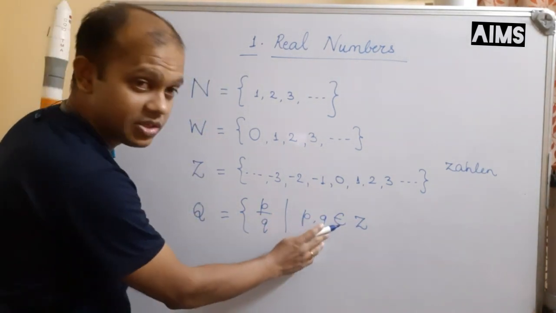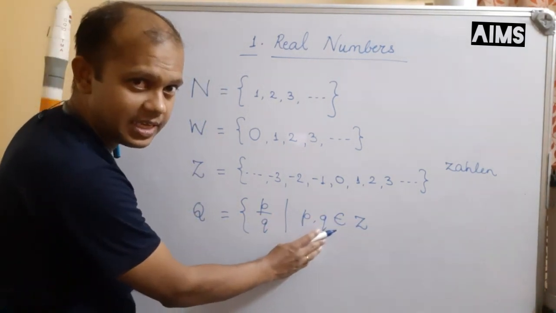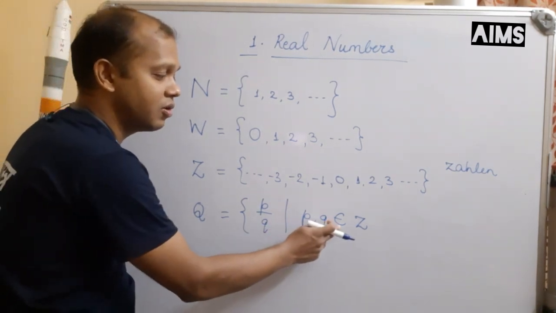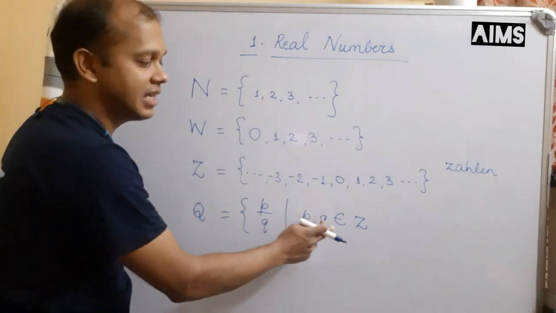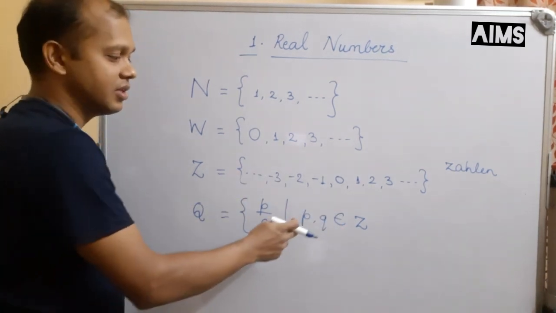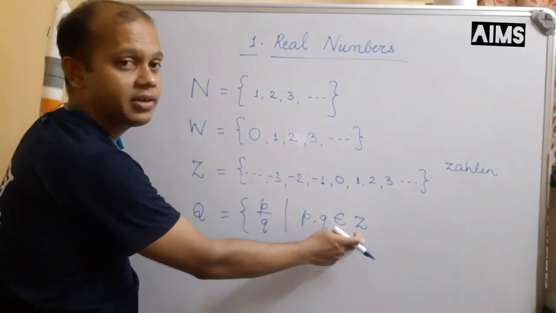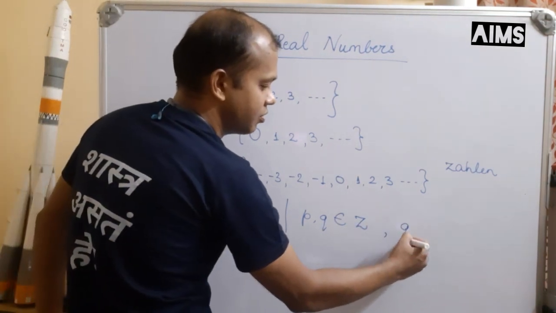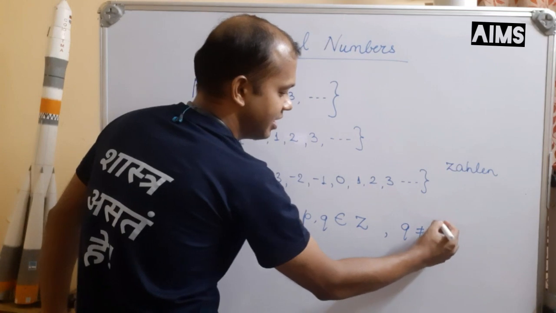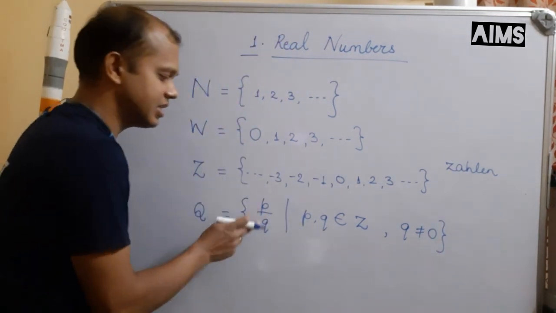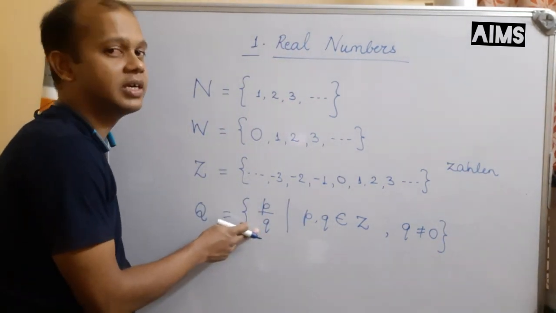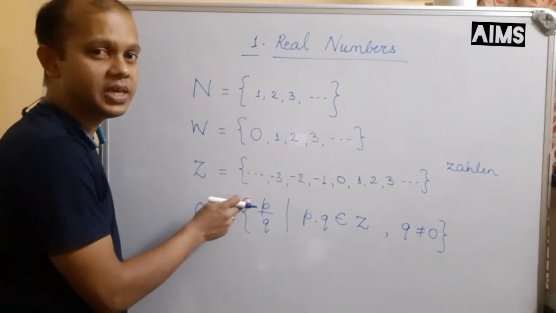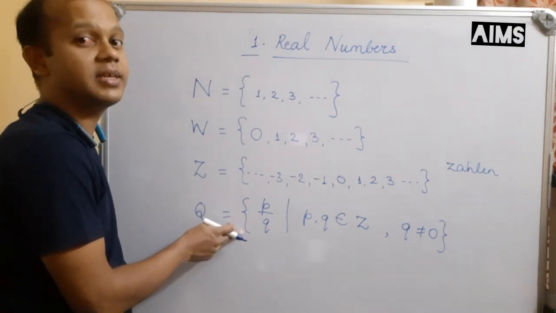And the symbol that you can see over here, which looks like an E, is the Greek letter epsilon, and it is read as belongs to or is an element of. Now this means that P and Q both are integers, and one more condition is there, that Q should not be equal to 0, obviously, because if any division has 0 as the denominator, it is not defined in mathematics. So any number of the form P upon Q is called a rational number.